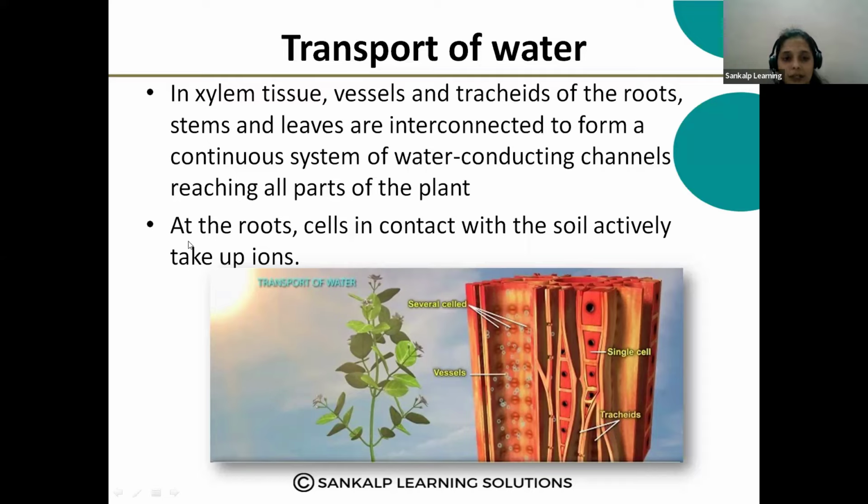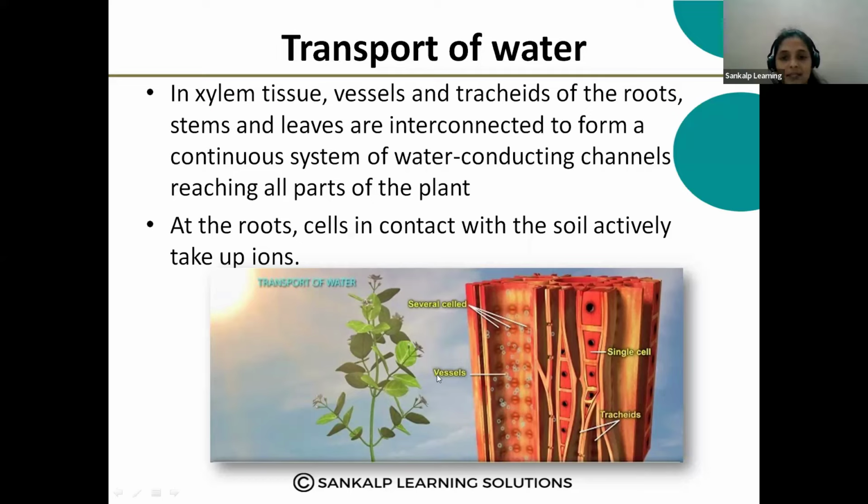The first point is, at the roots, cells in contact with the soil actively take up ions. The cells of the root have contact with the soil. In the soil, different ions are present, and those ions move inside the root cells.